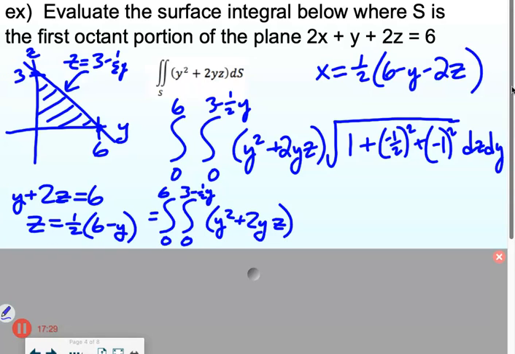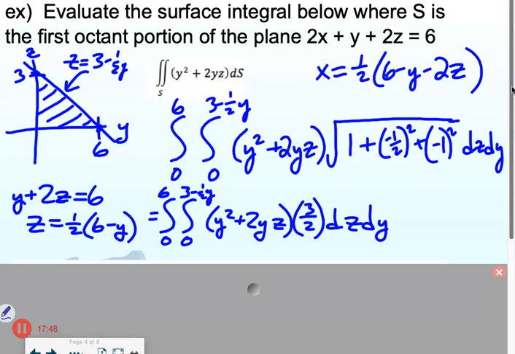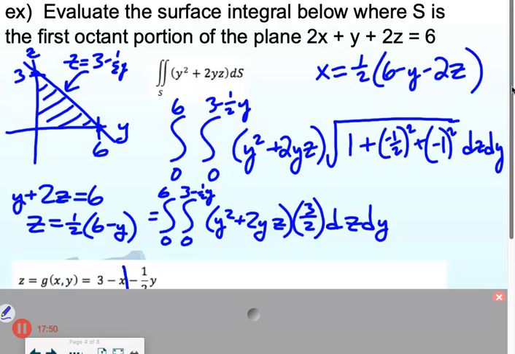So 1 plus 1 is 2 plus a fourth, so 9/4. Oh, that's nice, it's just 3/2.